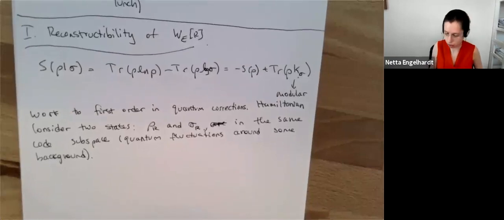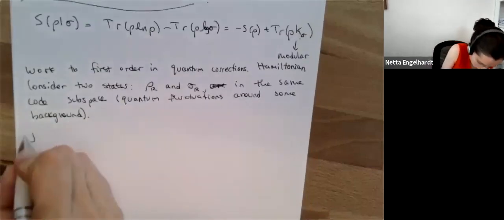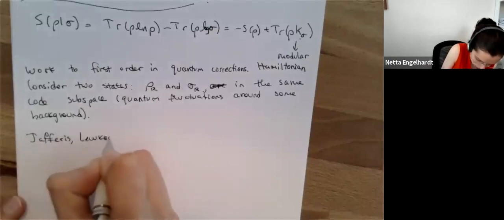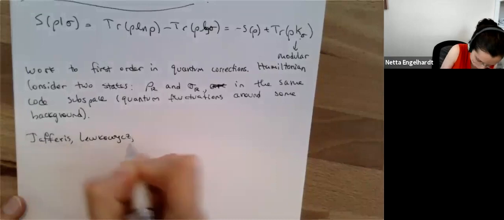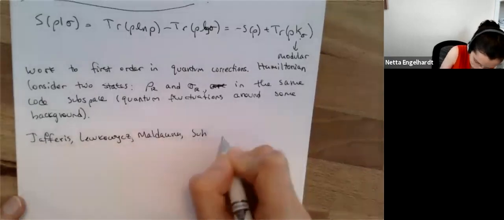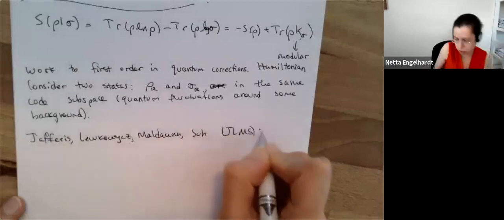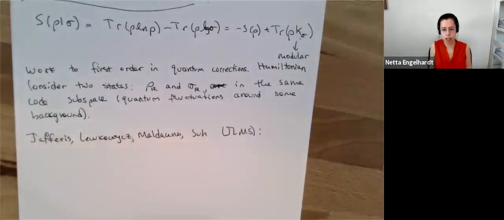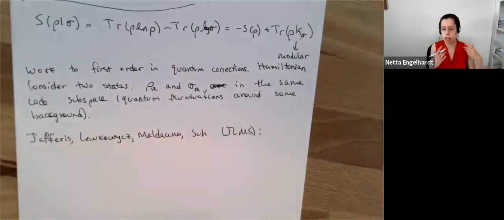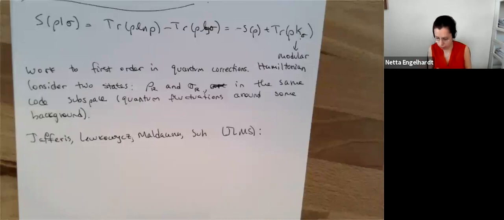So JLMS, this is how we usually refer to this, it's Jafferis, Lewkowycz, Maldacena, and Suh. We abbreviate it JLMS. What they argued is that the relative entropy of the reduced density matrices on the boundary equals the relative entropy of the corresponding states in the bulk.